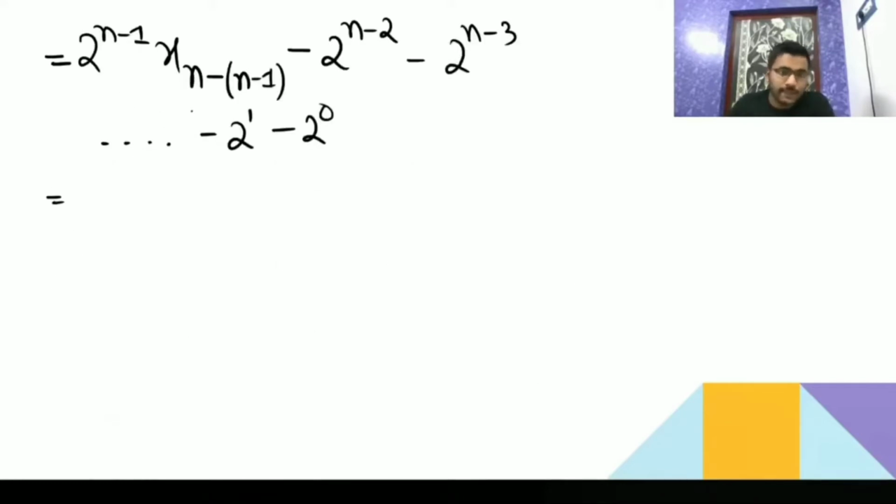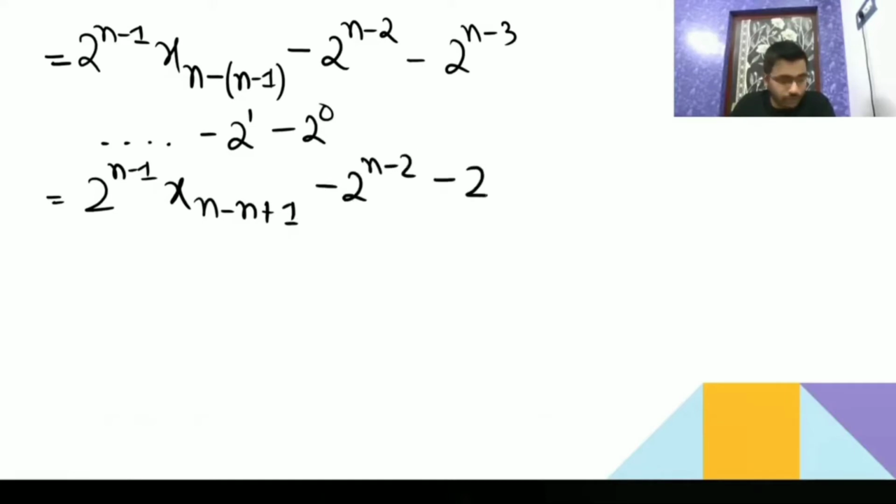Is it clear? So you are going to get 2^{n-1} x_1, if I open the bracket, minus n plus 1, n minus n plus 1, minus 2^{n-2}, minus 2^{n-3}, minus 2 to the power 1, minus 2 to the power 0.